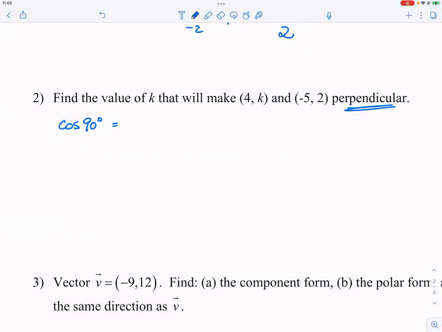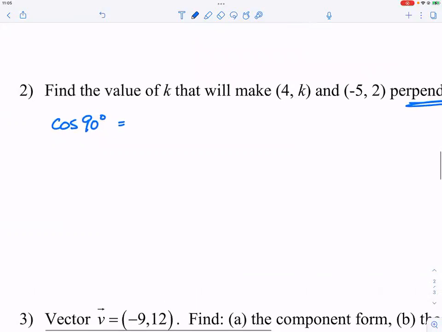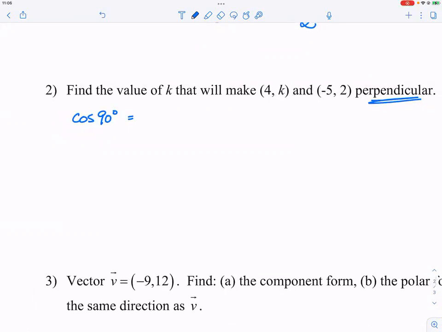Okay. Cosine of 90 is 0. Now, what is also the definition of cosine theta? Well, we have two vectors, right? So we have v dot w, so dot product. We talked about dot products before spring break. So v dot w over the magnitudes multiplying each other, and that's all equal to 0.